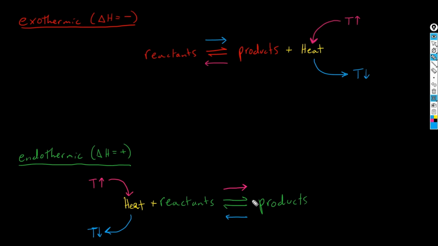Because remember, if the forward reaction is endothermic, then the reverse reaction is exothermic. When we're talking about an exothermic or endothermic reaction here, we're talking about the forward reaction being endo or exothermic. So this is a much better way, in my opinion, to think and to visualize how heat is going to affect either an endo or exothermic reaction, and how it will shift its equilibrium.